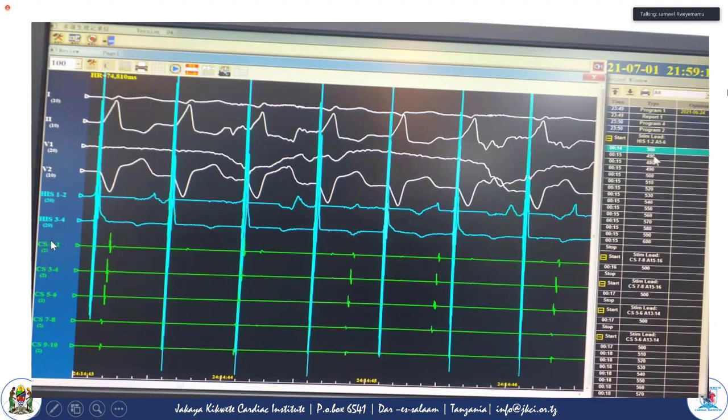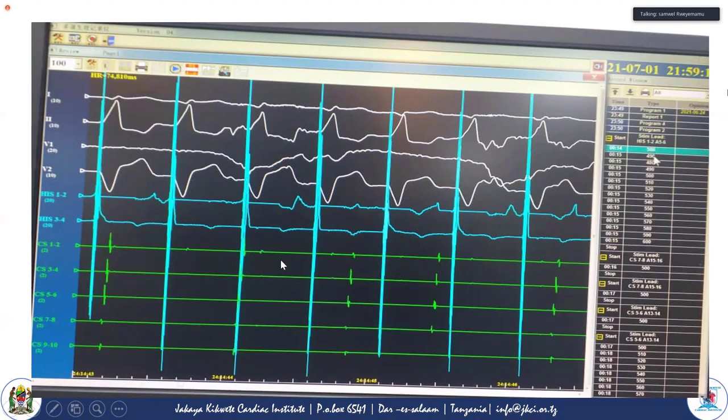Let's focus on the coronary sinus pole 1 and 2. I will start from there. You find that as we are pacing here, the paced impulse is captured, and the ventricular signal is a bit hidden within this blue signal here. This actually is followed by the atrial signal. When we pace the ventricle, that impulse is going to the atrium retrograde.